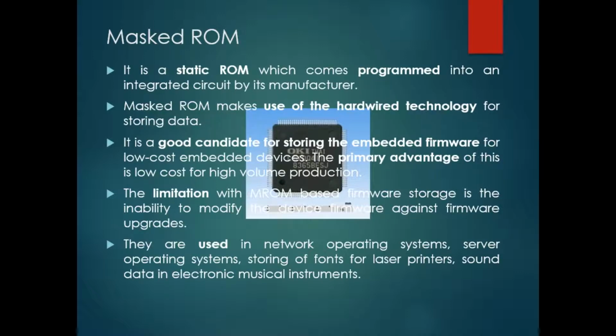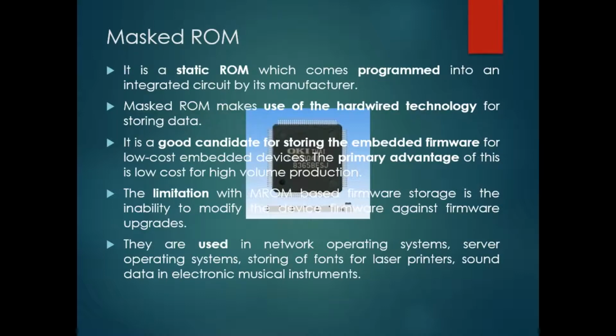So if you have an embedded system with a masked read-only memory, the entire program will already be stored in that chip by its manufacturer. You cannot alter it. So masked ROM is one of the earlier technologies, and it uses hardwired technology for storing the data.